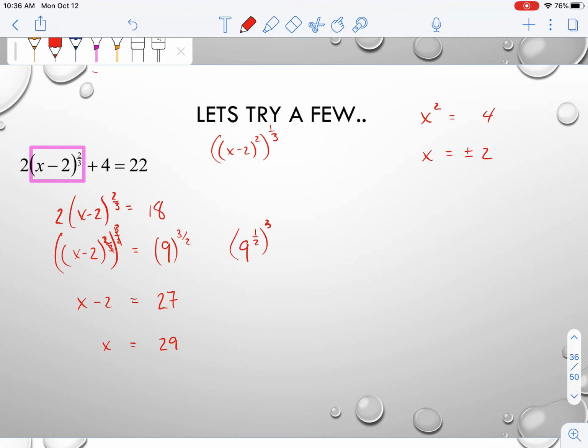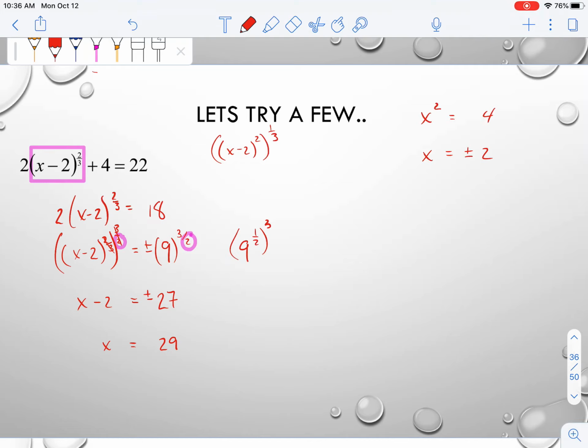And effectively, when I raise both sides of my equation to the reciprocal power, and that denominator is even, I'm effectively taking the square root of both sides. So what I actually need is a plus or a minus. I must put that plus or minus in, because the squared part here guarantees the positivity. So the quantity in there could have been positive or it could have been negative.